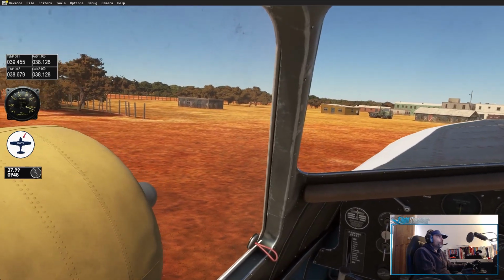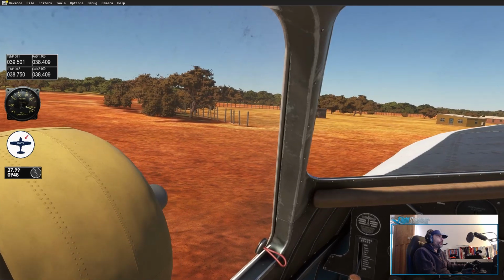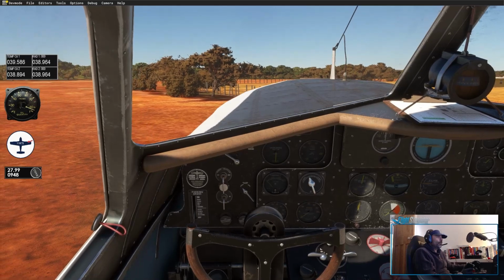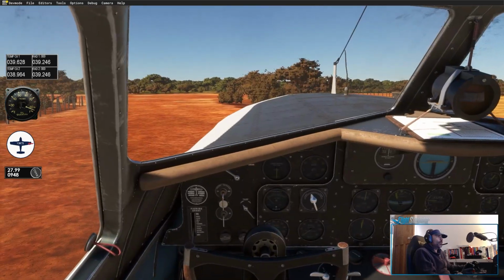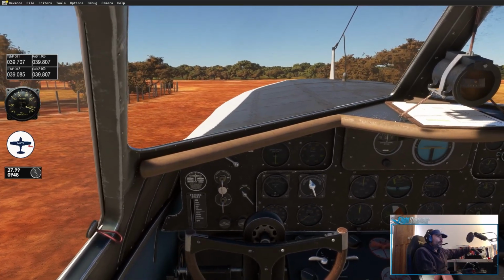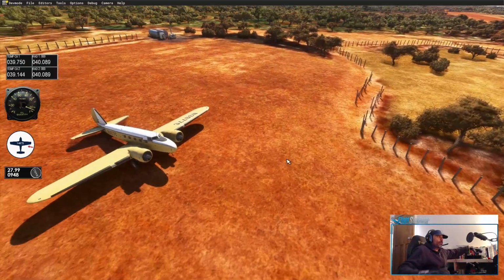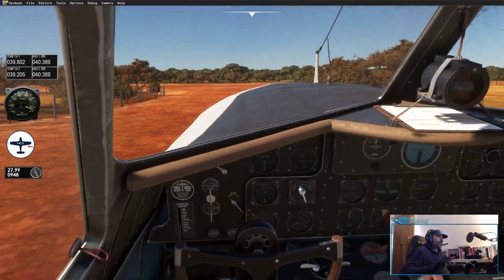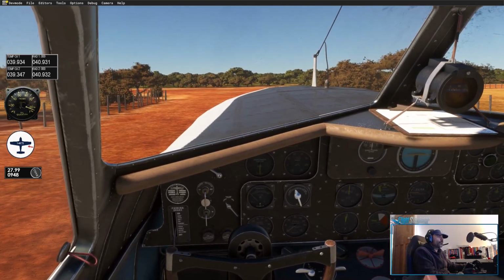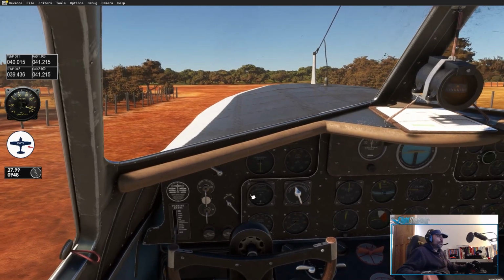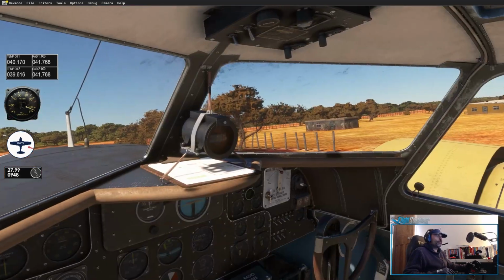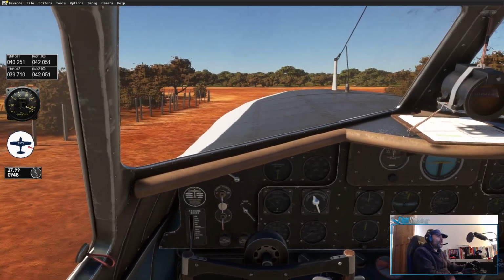Of the plane. See if it fits. I don't want to crash it into a tree.